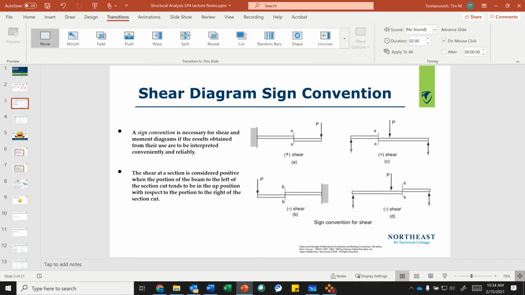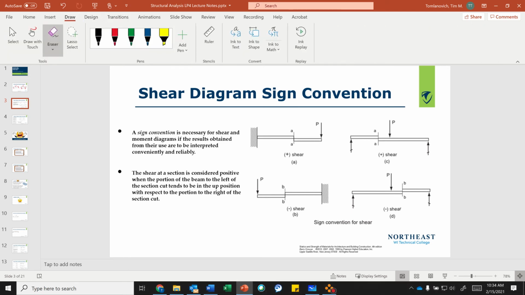This concept is kind of hard to figure out. Is it a positive shear or a negative shear? So is the beam, this one is going up, this one's going down. This one's going down, and this one is going up. So it depends on which side of the beam is going in a positive Y or in a negative Y.